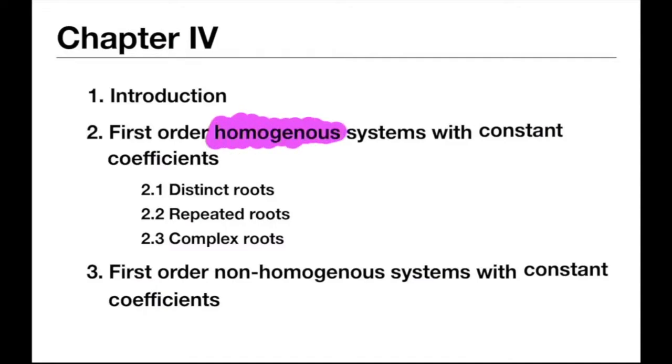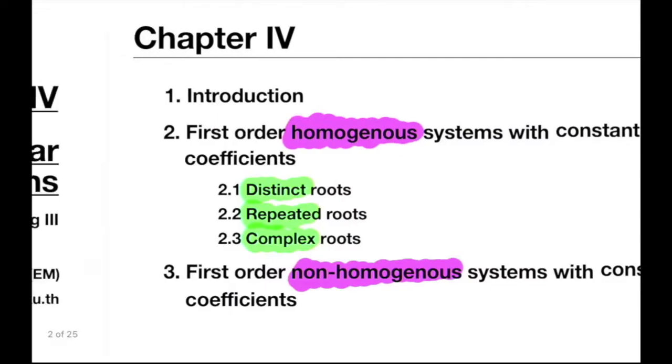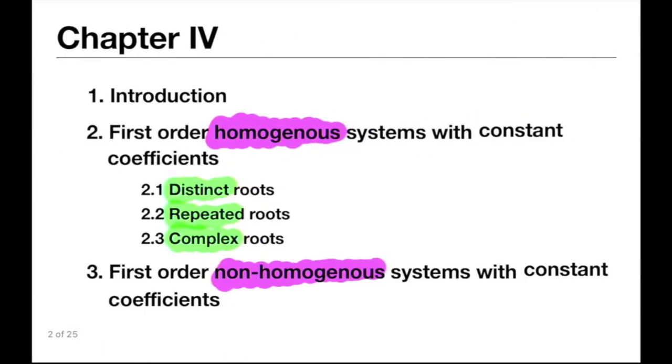The second section would be about the homogeneous, and we split that section into three subsections, which are the distinct root, the repeated roots, and the complex roots. We did something similar in chapter 2. After that, we will have a look at the non-homogeneous systems of linear differential equations. And that is our outline.